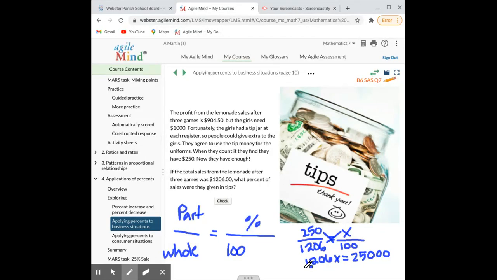To undo multiplication, we do the opposite, which is to divide. So I divide by 1,206 on both sides because it's an equation. 1 times x is just x. And to find our answer, we're going to do 25,000 divided by 1,206, and we're going to see what our answer is.